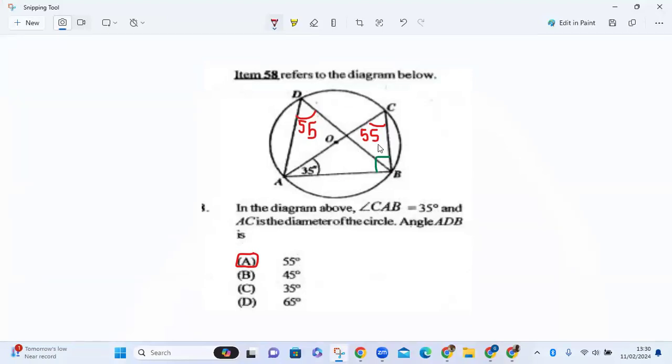Angles in a triangle add up to 180 degrees, so BAC and BCA have to add up to 90 degrees. Subtract 45 from 90, we get 55 degrees. And from the angles in the same segment theorem, ADB is also 55 degrees. So the answer must be A.